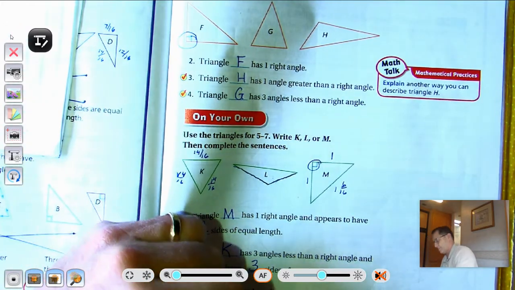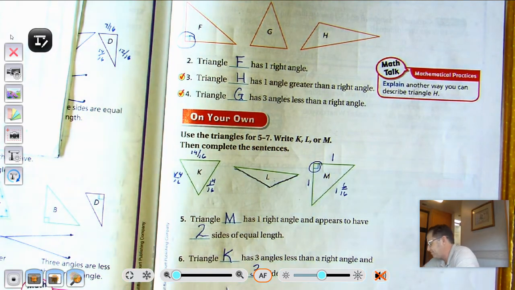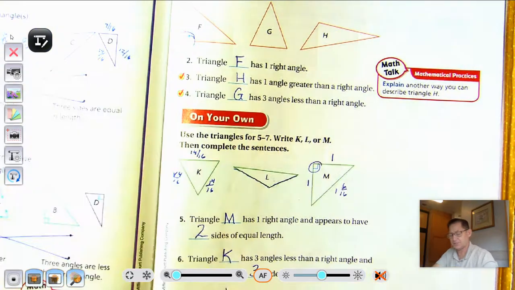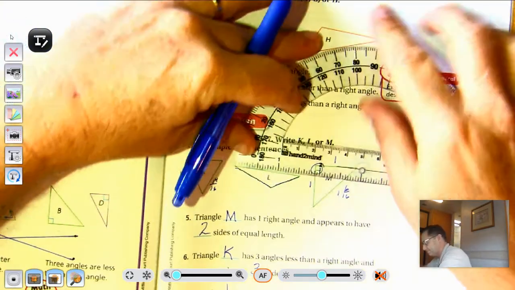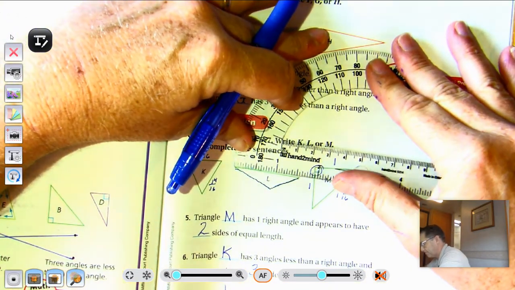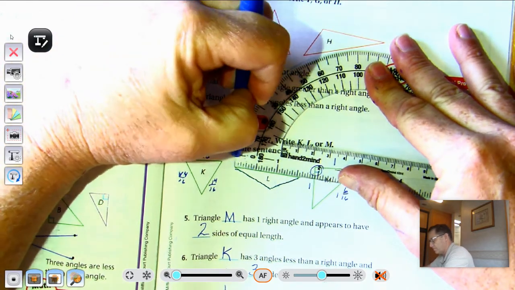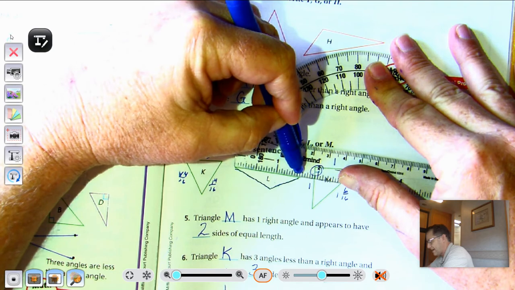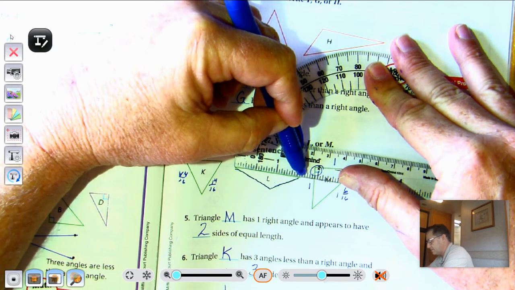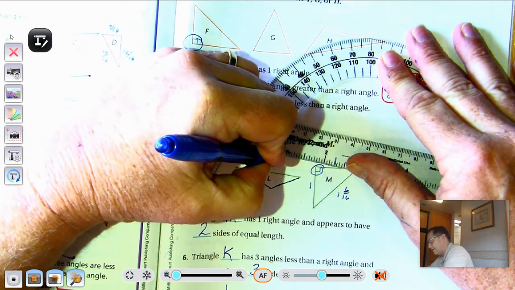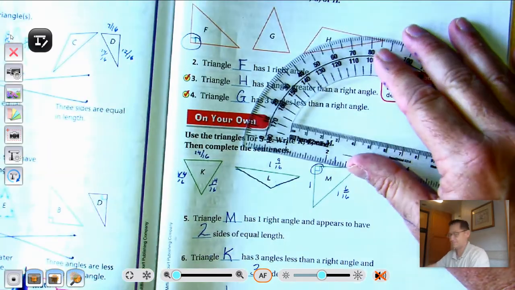So L. And then when I look at them, it doesn't look like any of the sides are equal, but let's check. So almost 1.5. I'm going to call it 1 and 9/16.